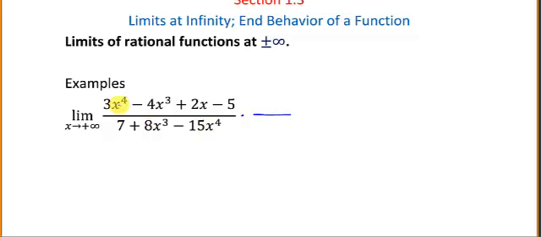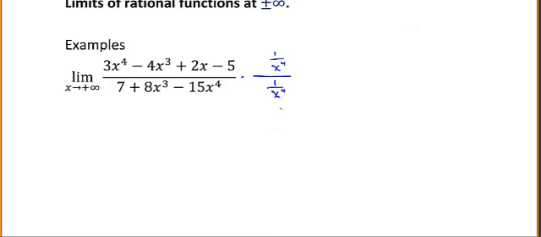That is x to the fourth, and I'm going to multiply this rational function by 1 over x to the fourth over itself, so that I'm multiplying by 1.